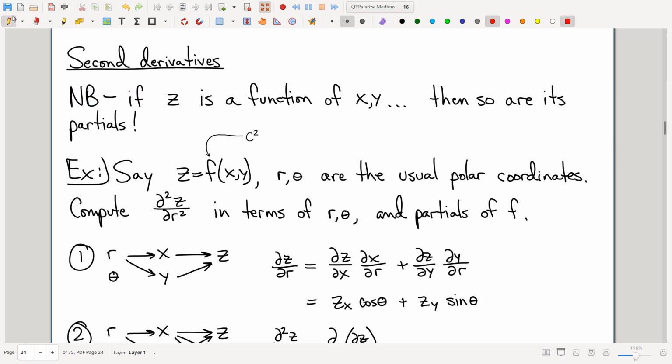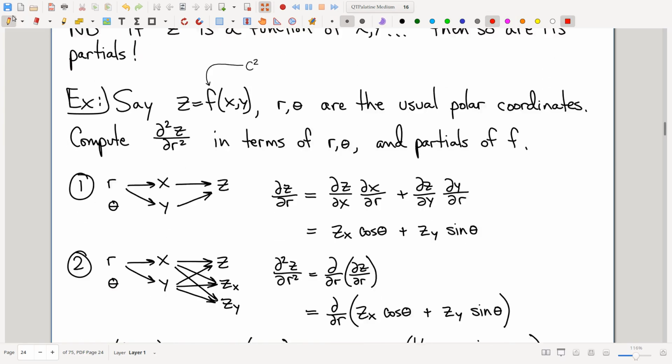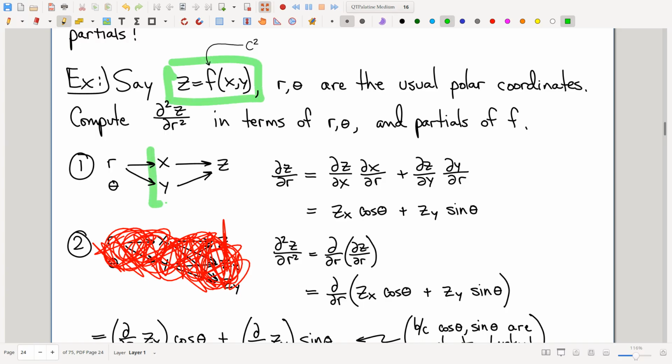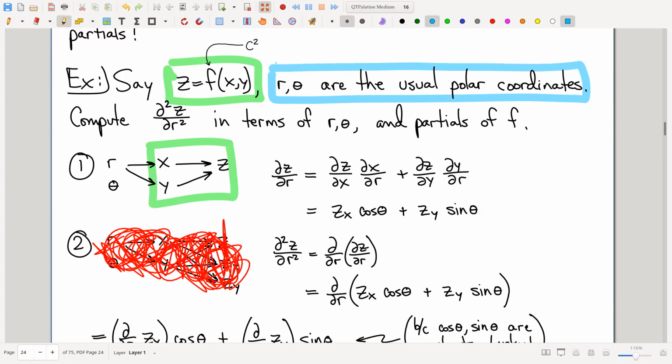All right, and let's see here. If y'all will bear with me, I'm going to scratch this off for a quick moment. Just for dramatic purposes, we'll reveal that in a second, but let's pretend we haven't seen that. Okay, here's the question. If z is a function of x and y, and if r and theta are polar coordinates, keep in mind polar coordinates give x and y as functions of r and theta.